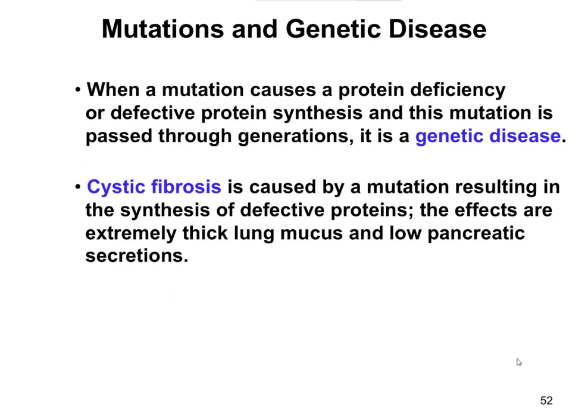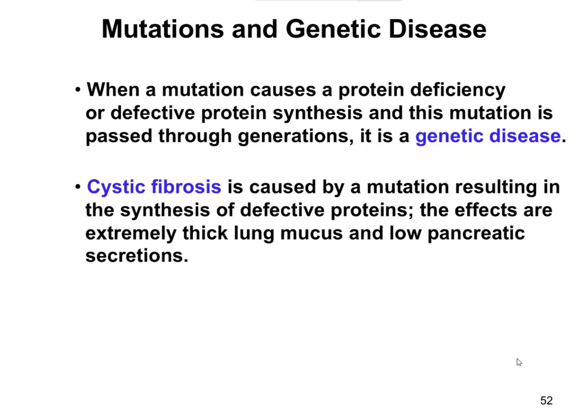Now, when these mutations can be passed through generations, it's called a genetic disease. Cystic fibrosis is an example of one of literally hundreds of genetic diseases where the parents basically pass that DNA down through their offspring.